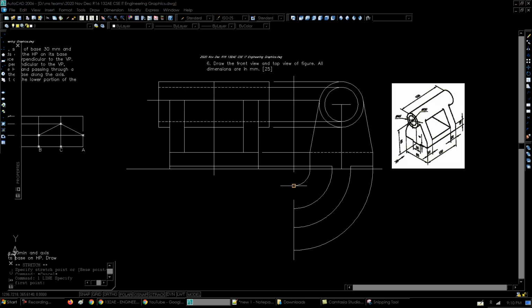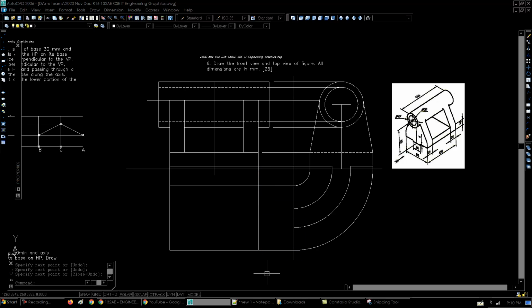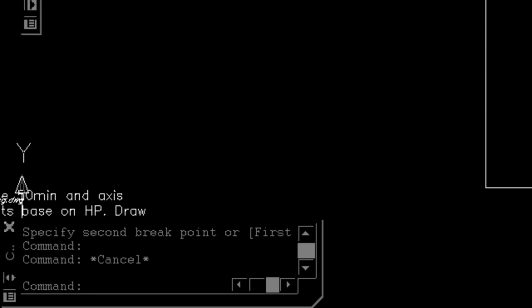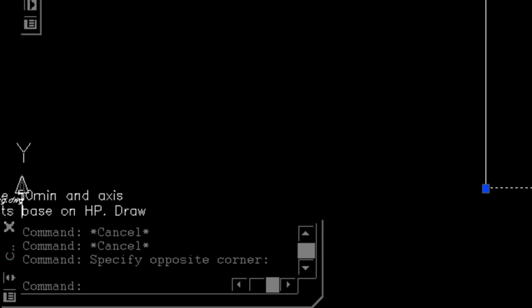Okay, so now the diagram seems to be coming into shape. So this here what we have drawn is the bottom base. The bottom base actually starts here. Fine. So let's try to break this part, and here this is the base.